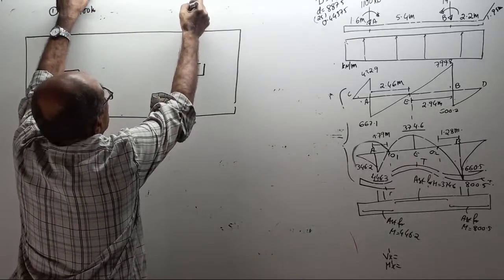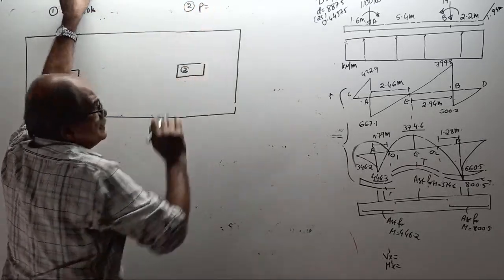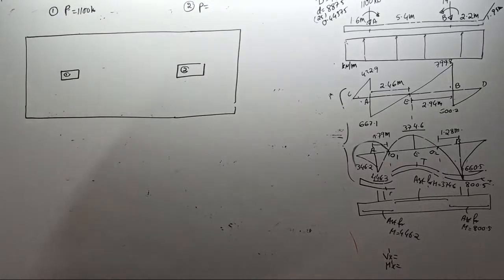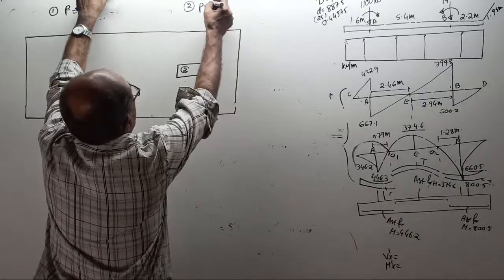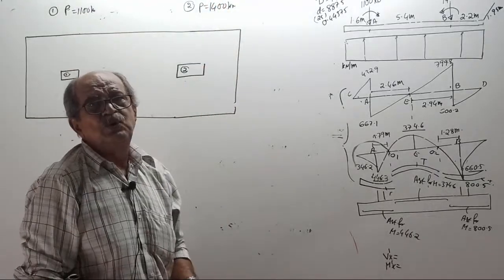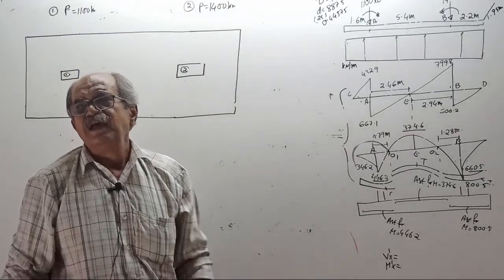And column number 2, axial load, how much? 1400 kilonewton. Remember, when you design by software, you don't have to check this thing.